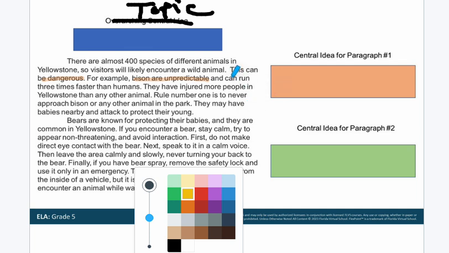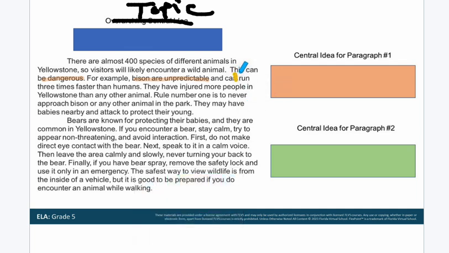Yes, I know that they can run faster than humans. They've injured more people than any other animal inside the park. And sometimes they try to protect their young by attacking others. These are all 3 pieces of evidence that tell me bison are unpredictable. Okay, so that would be my main idea, that bison are unpredictable and can be dangerous.